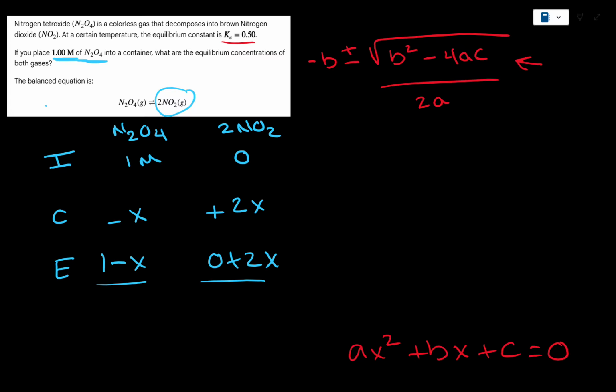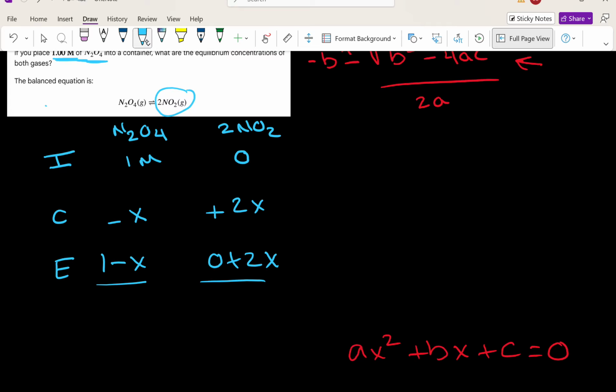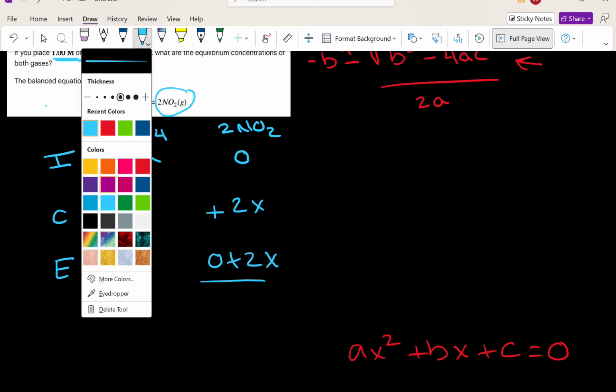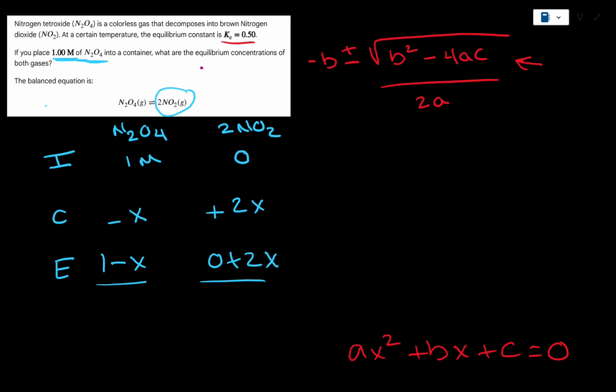Okay. They did give us the equilibrium constant. So I'm going to change colors again, and I'm going to put 0.5, because that's what Kc is. That's what the constant is, 0.5, equals, remember, products over reactants. So the product is for equilibrium, and you only use equilibrium values.